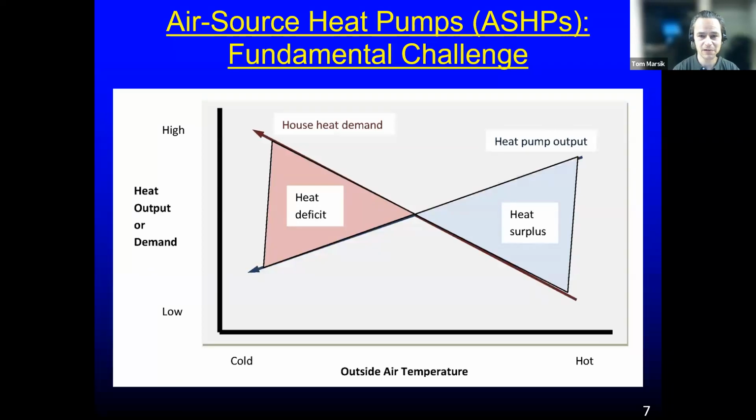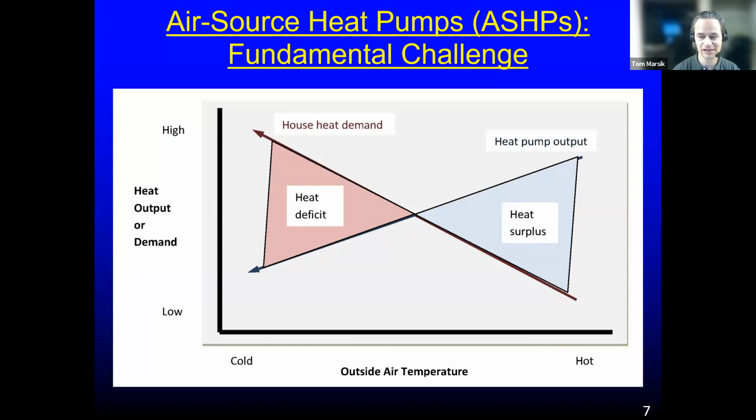So when we talk about air source heat pumps, there's of course a fundamental challenge, and it is that the lower the temperature outside, the harder it is for the heat pump to extract the heat from that outside environment. So the capacity of the heat pump is dropping, while the building envelope does the opposite.